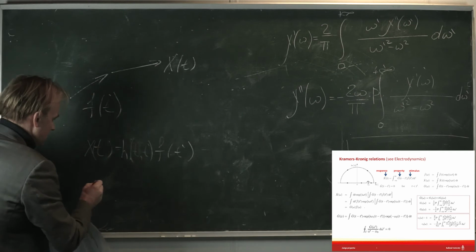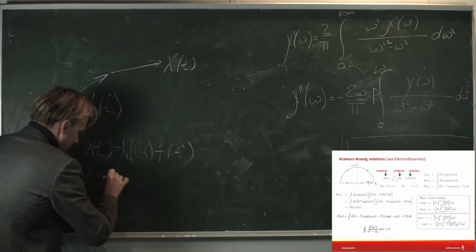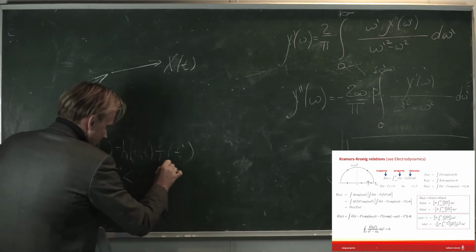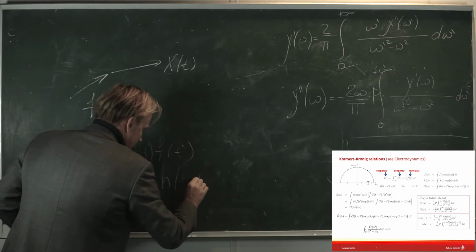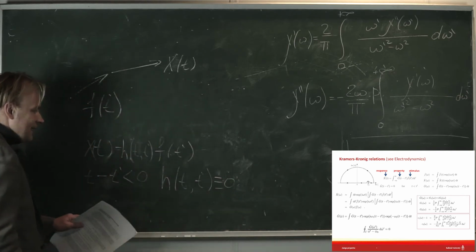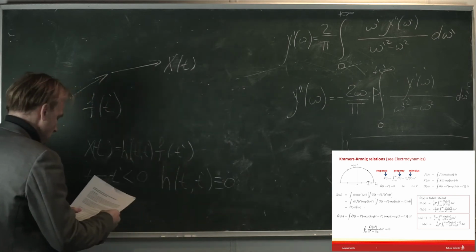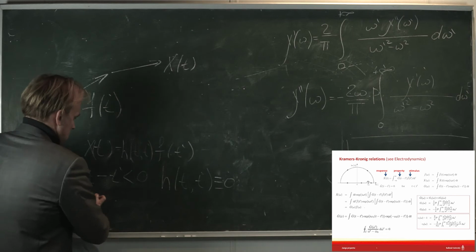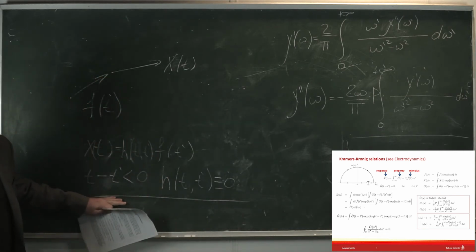Then, if t is less than t prime, this property must be equal to 0. This is what we call causality. We don't expect any response before the force. And this is the only physical statement in this derivation.